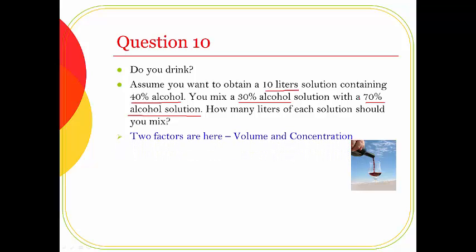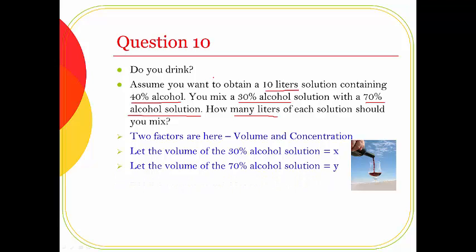The first thing to note is that there are two factors here: volume, because of the liters, and concentration, because of the percent alcohol. They're asking how many liters of each solution should you mix, so let the volume of the 30% alcohol be X, and let the volume of the 70% alcohol be Y. For the volume, X plus Y should be 10.